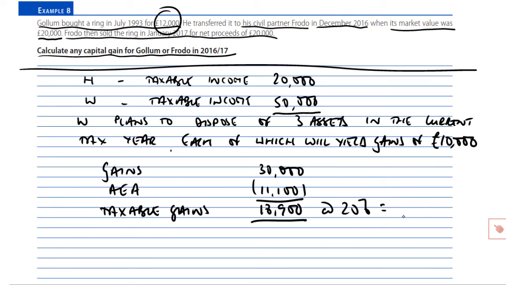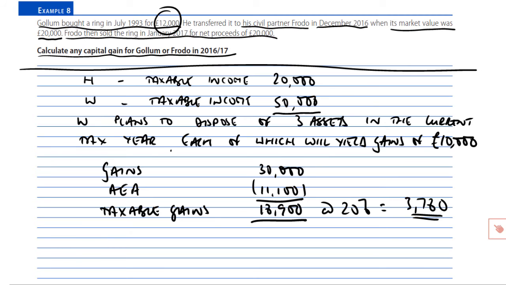So 1890 times 2, that's going to be £3,780, methinks. But I would ask you to check through that to make certain that you agree with it. She is a higher rate taxpayer, so she will pay tax on those assets at the higher rate of 20% rather than the lower rate of 10%.